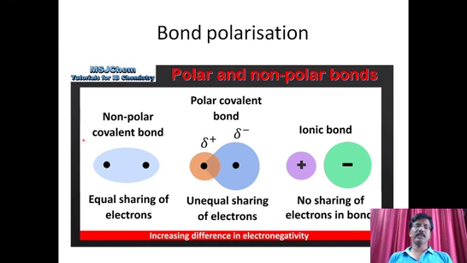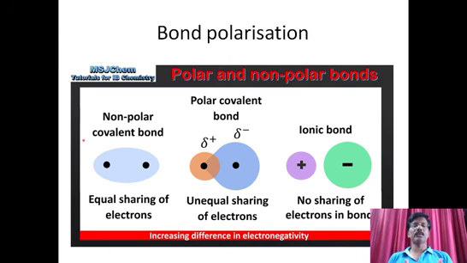So now you just compare these three bonds. These three bonds are called non-polar covalent bond, polar covalent bond, and ionic bond. And purely this is due to the nature of the two atoms. When you take the same type of atoms like hydrogen-hydrogen, it gives a non-polar covalent bond.